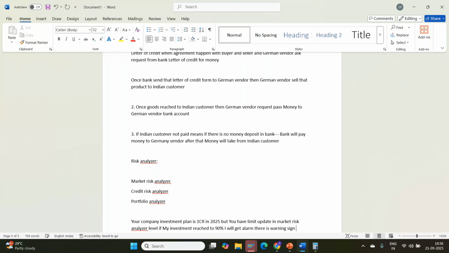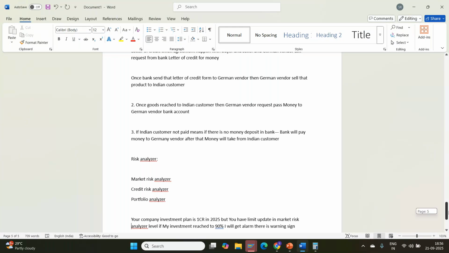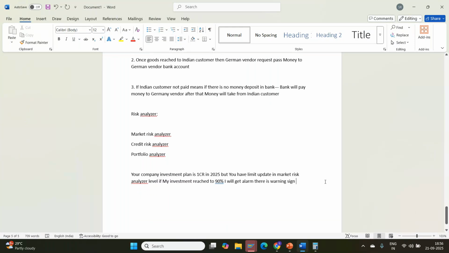It means my funds have already reached 90 lakhs and you need to be alert. Your company will get an alert: already we have completed 90 lakhs, and only 10 lakhs remain to be utilized in 2025. That type of thing we look at in the market risk analyzer.